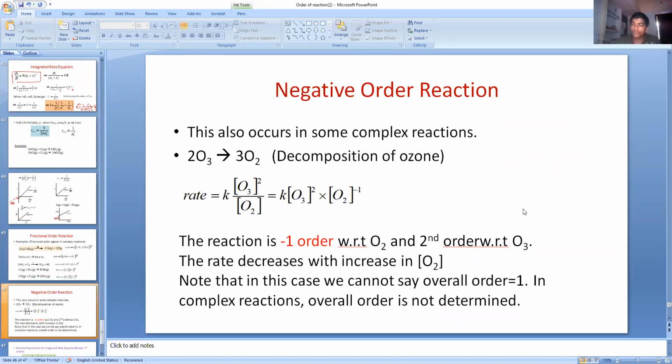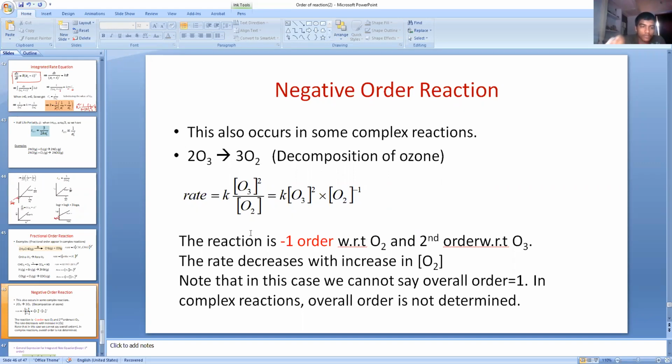The order can be negative also. Very interestingly, the order can be negative. How will it be negative? In the rate law, if the product concentration or any concentration appears in the denominator, you may wonder how it is coming. So far, we have been harping on reactant concentration. The rate can be determined either by monitoring the reactant concentration or product concentration from the graph of concentration versus time, which will be a non-linear curve.